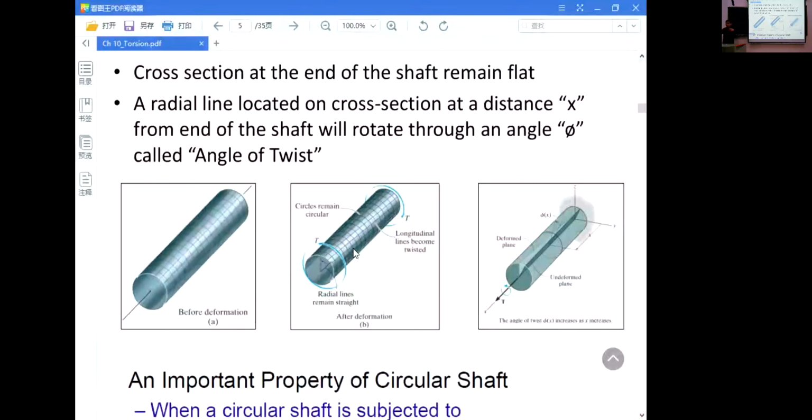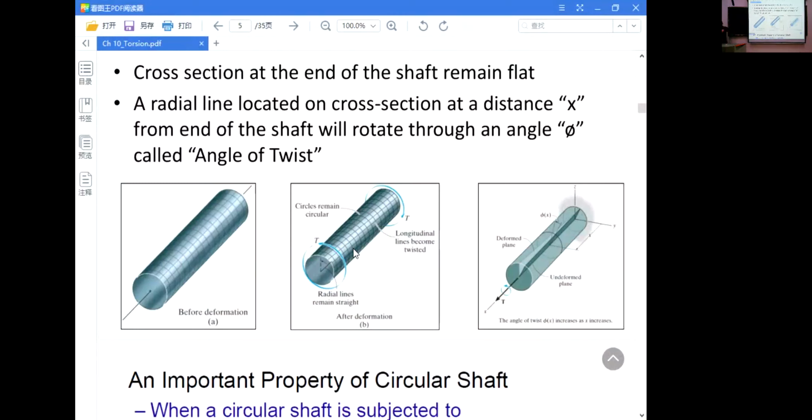This component will expand the circle, but from the experiment, the circle does not expand. So tau is not in this direction. Yes or no? Suppose it's in this direction, the component will pass through the centroid.